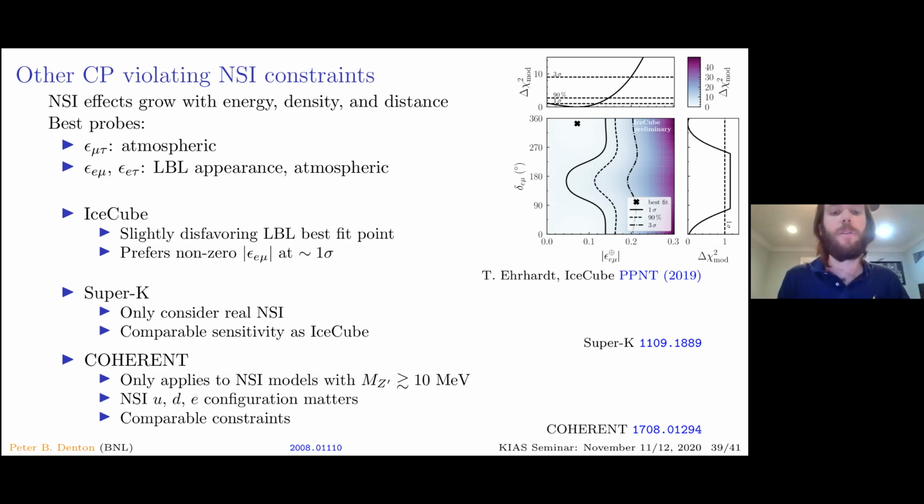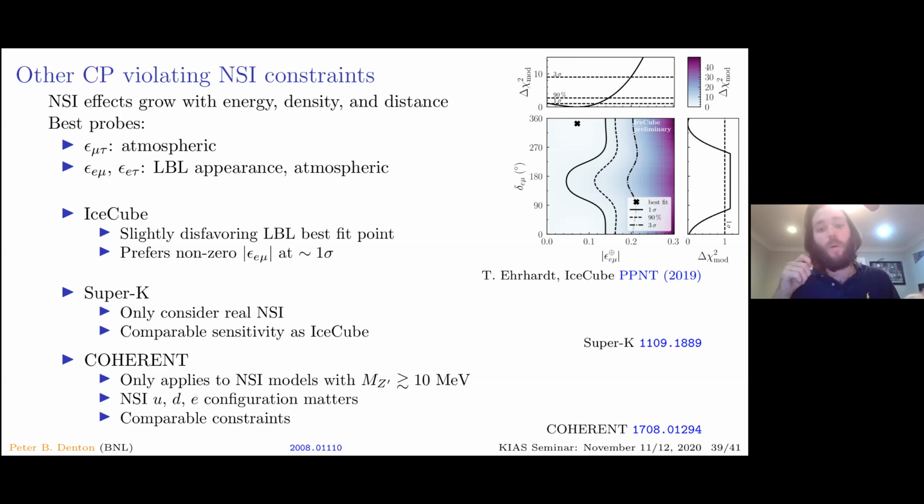Now, another great probe of NSIs is from COHERENT, which I'm not going to talk about, although I'm happy to, if people are interested, which measured this CEvNS process, this coherent elastic neutrino nucleus scattering process, with pretty good precision, or at least decent precision. But it turns out that it's a model-dependent translation into this oscillation scenario.